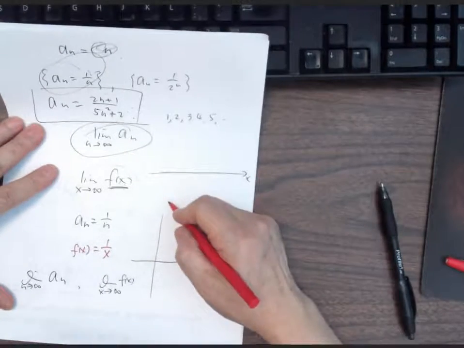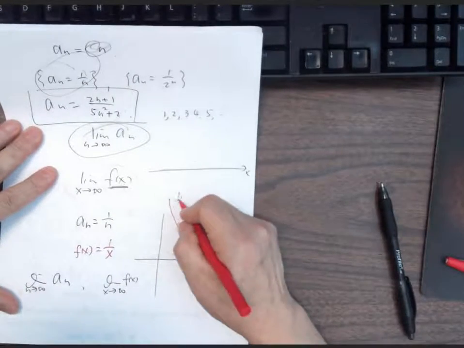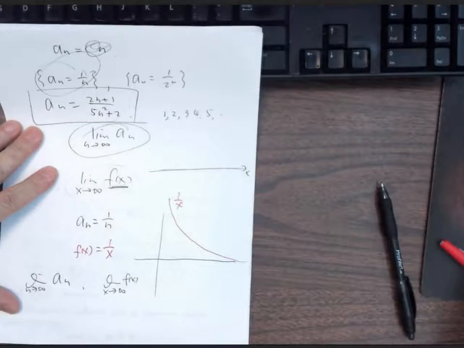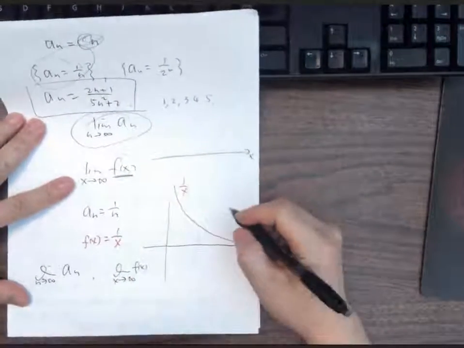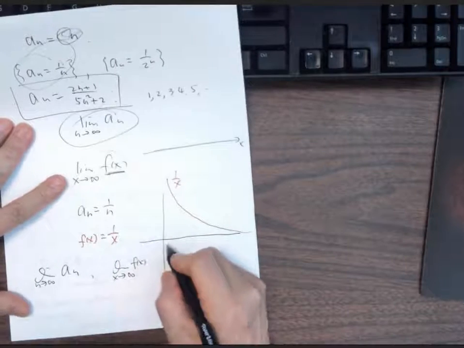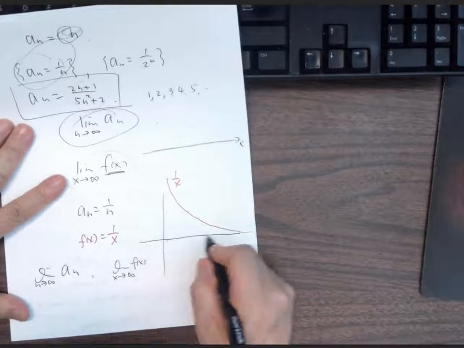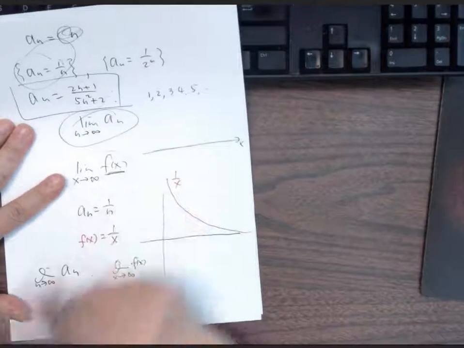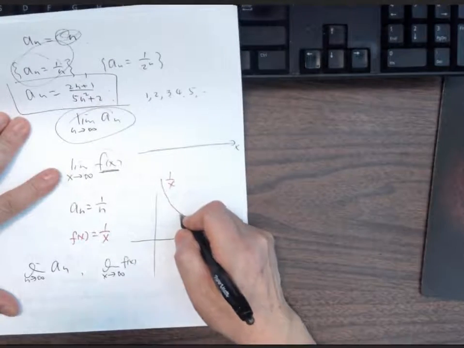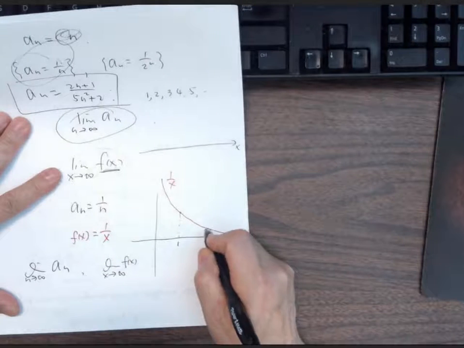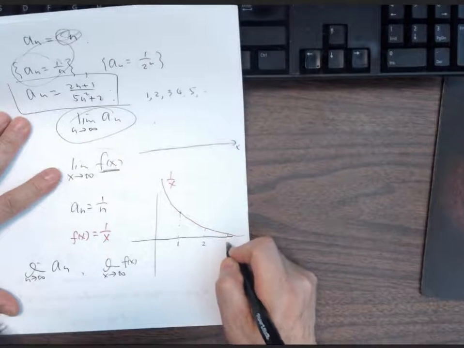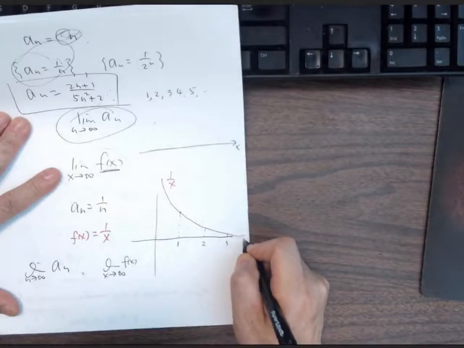Let's graph 1 over x. Let's graph 1 over n. Well, x takes all the values. In 1 over n, n takes only 1, 2, 3, say 4.